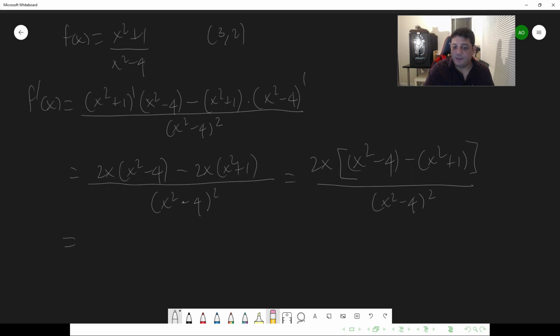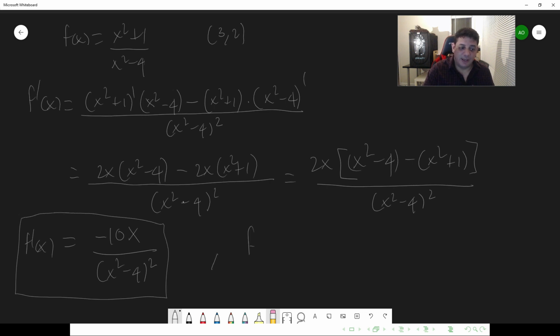Notice that this x squared minus this x squared is going to go away, and this minus 4 minus minus 1 is just going to give me a minus 5. So from here, I'm going to get minus 10x over (x squared minus 4) squared. And that's everything in this derivative. So not a bad formula, actually.